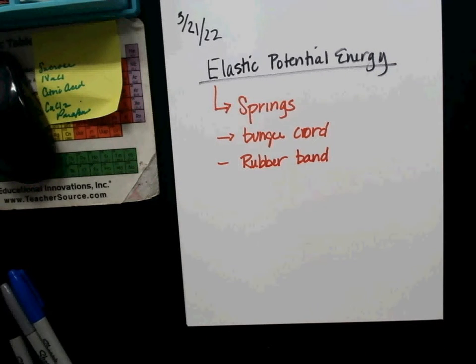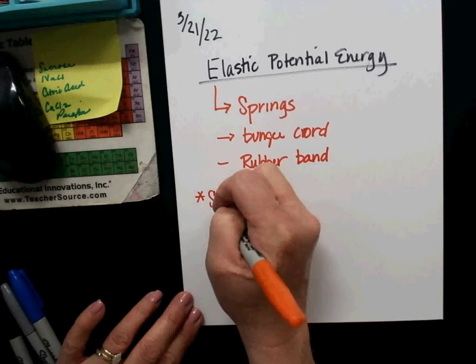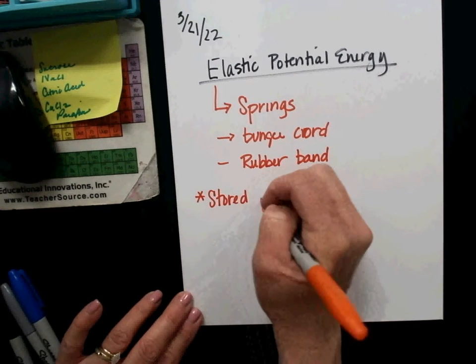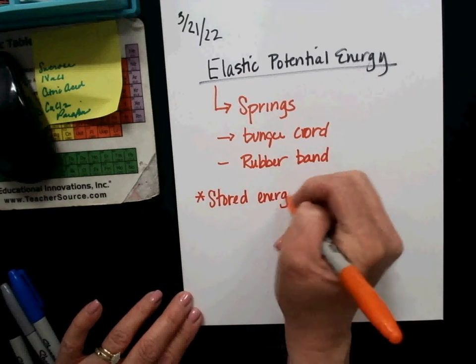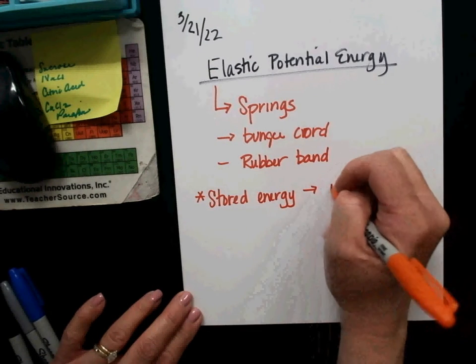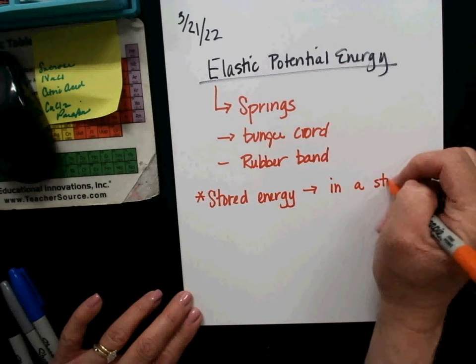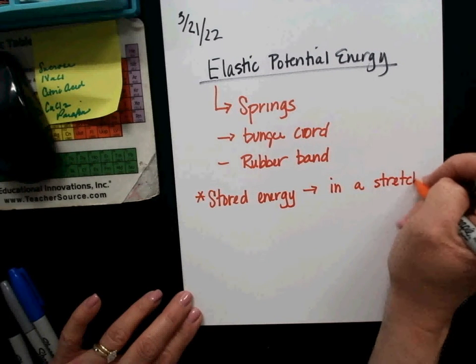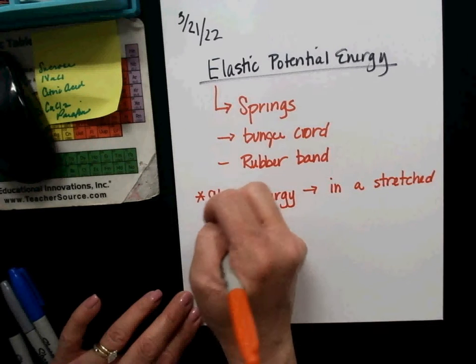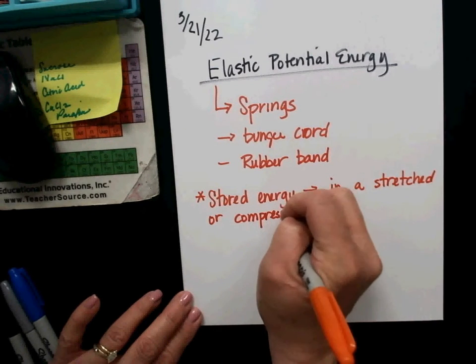Elastic potential energy is basically still stored energy, but it's in a stretched or compressed state.